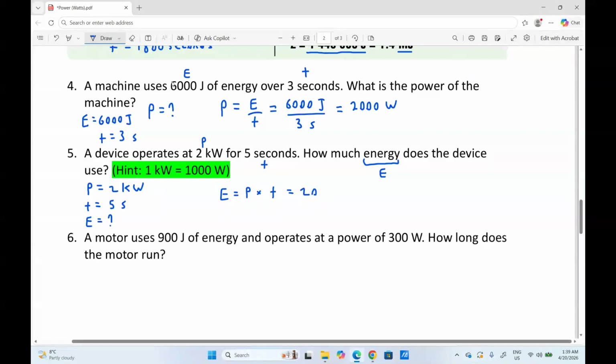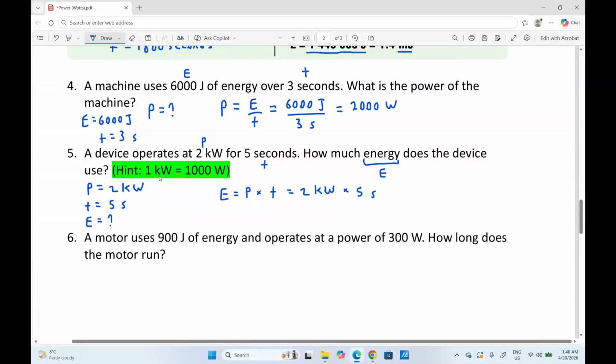So I write 2 kilowatts multiplied by 5 seconds. However, I can't actually just compute 2 times 5 because kilowatts is not my base unit. In fact, my base unit is actually watts. So I have to change kilowatts into watts.